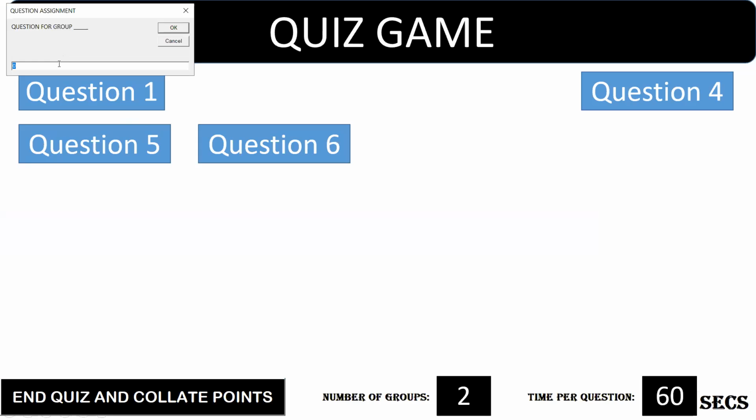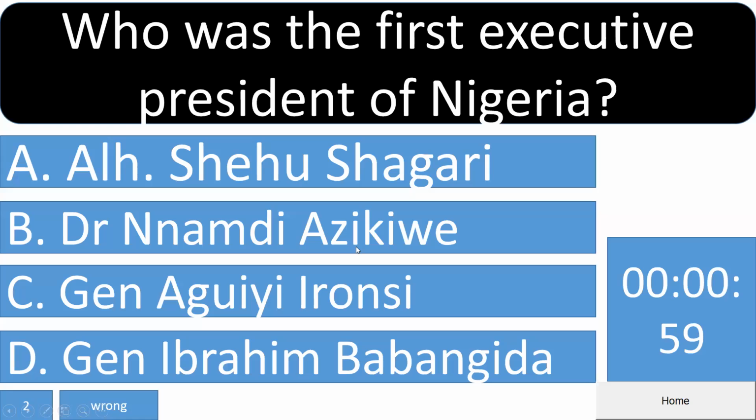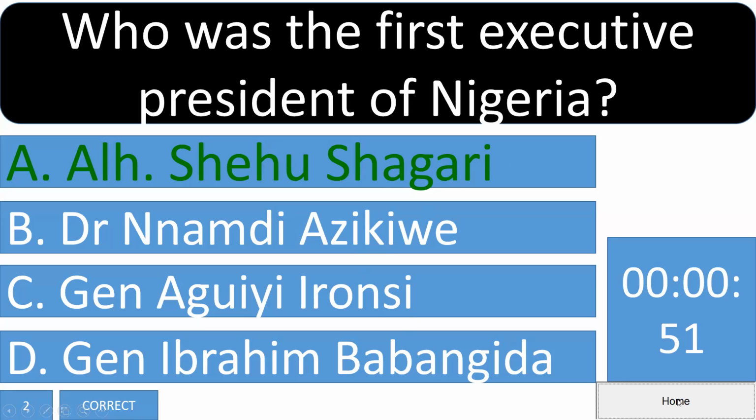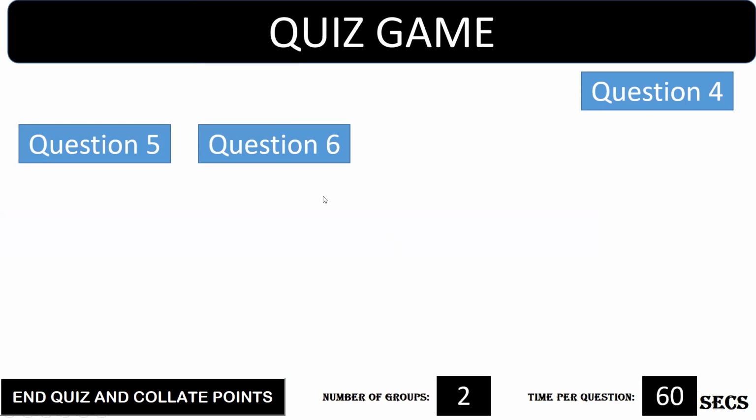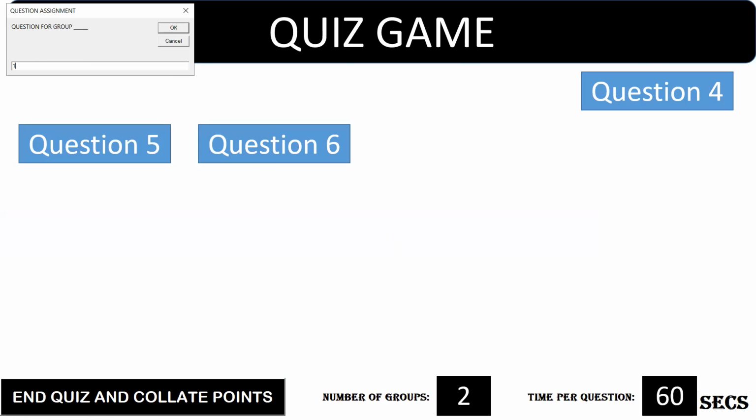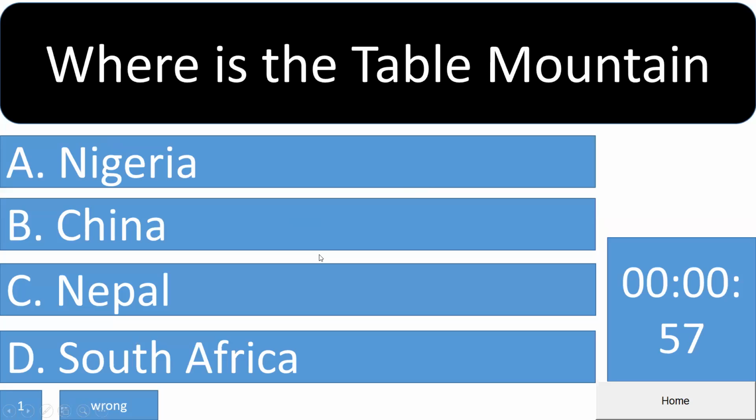Now group 2 takes question 1. Who is the first executive president of Nigeria? Shehu Shagari, I suppose. Correct. Group 1, your turn. Question 6, group 1. Where is the Table Mountain?